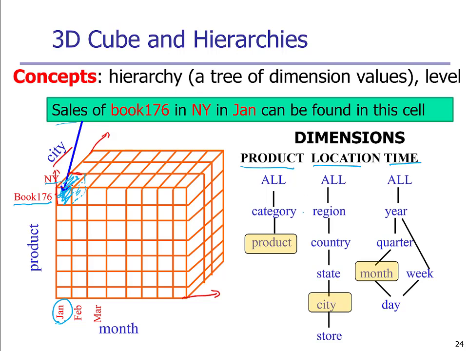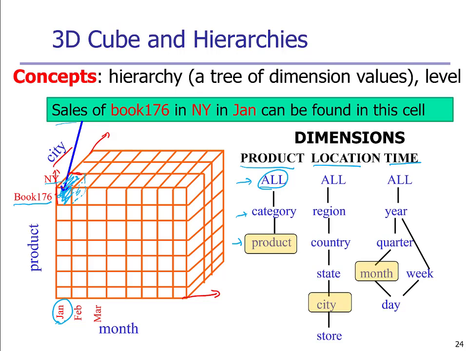For example, for product, we have the product, which is the finest granularity, and the category, which is a coarser granularity, and this all is a default level, if we call each of them a level. All means all the categories. It's like the aggregation of all the products, no matter which category they are in, right?